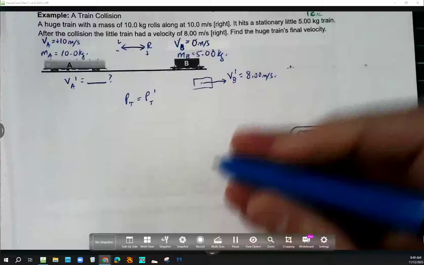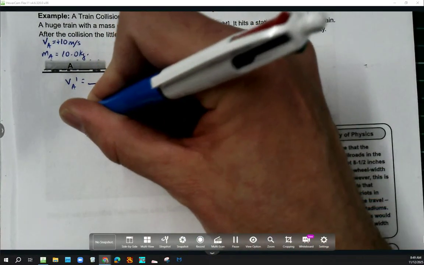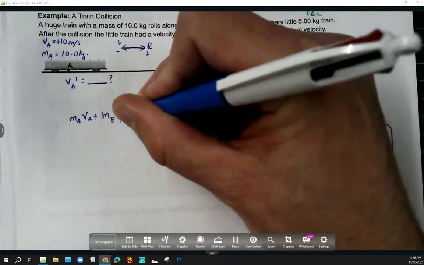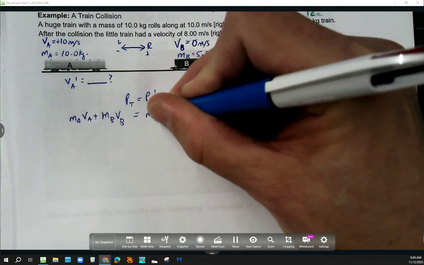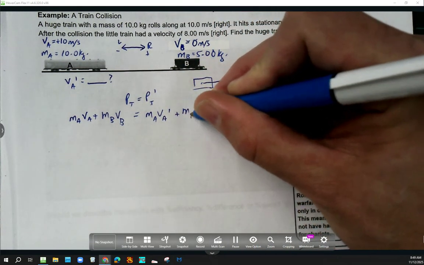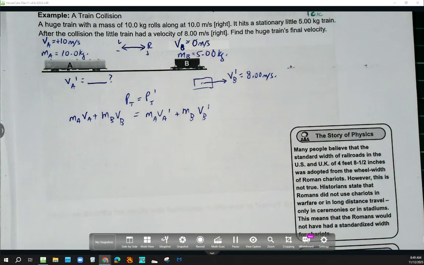So if I expand this out, P total is really going to be mass A VA plus mass B VB equals mass A VA primed plus mass B VB primed. Primed indicates that it's an after scenario. And I'm trying to get VA primed all by itself.